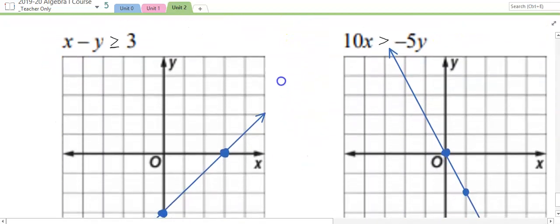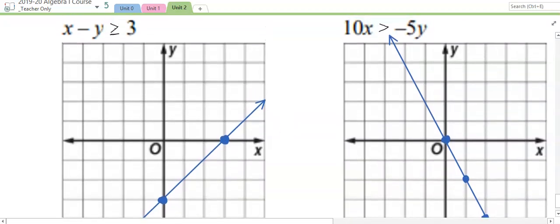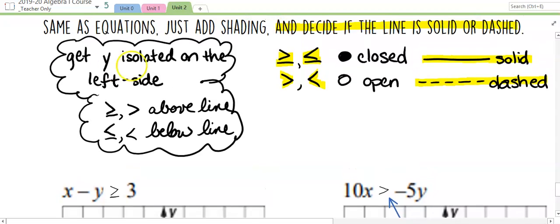Let's apply it. I've taken the equations that we had from our last three examples of our step 12 line notes, and I just changed them out. So they've already been graphed. But again, I said above, it's helpful with inequalities to have y isolated on the left side.